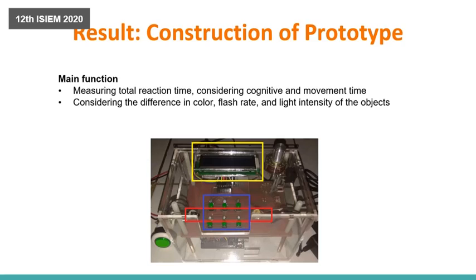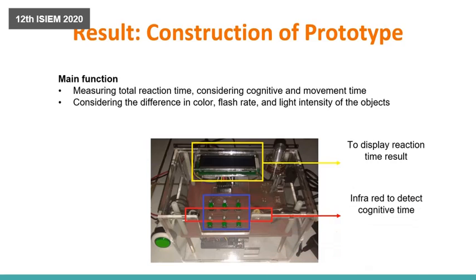Here is the prototype. The first is the display of the time result. The time result will be displayed here. To measure the cognitive time, it uses a kind of infrared sensor. So when our finger passes the point, the cognitive time measurement will be stopped.